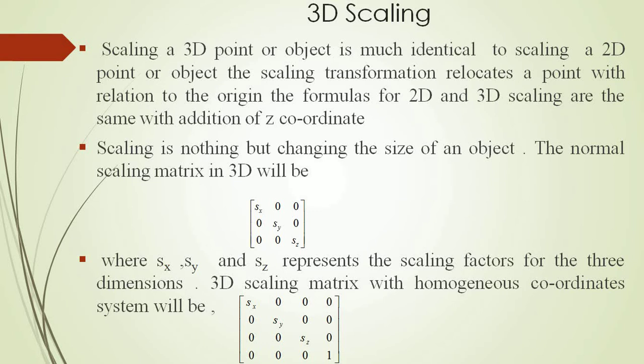In 2D, Sx and Sy are the two scaling factors used, but in the 3D model one more factor is added, that is Sz. So in 3D scaling three factors are used, Sx, Sy and Sz, which represent the scaling factors for the 3 dimensions.